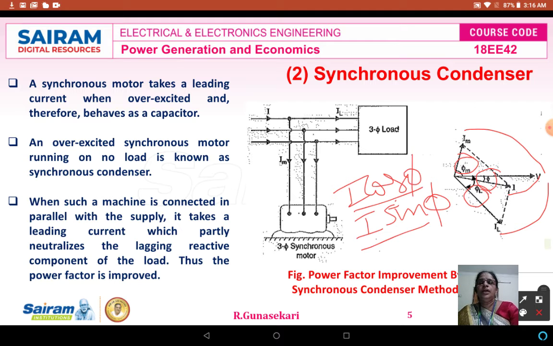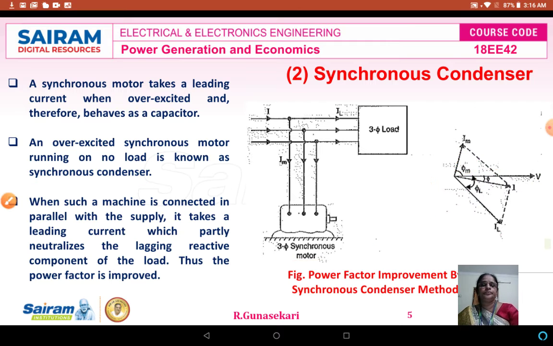Therefore the power factor is improved because the synchronous motor is operated over excited, so the synchronous motor current leads. It behaves as a capacitor. Therefore an over-excited synchronous motor running at no load is known as a synchronous condenser.